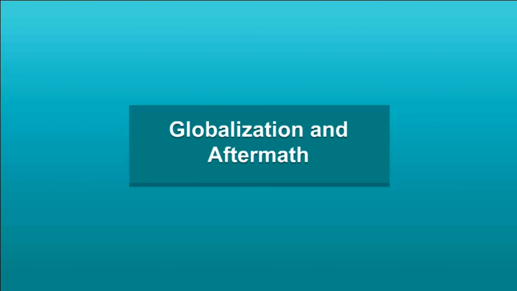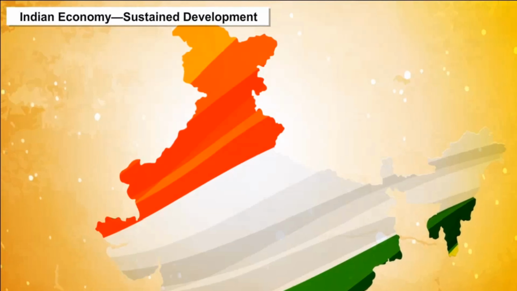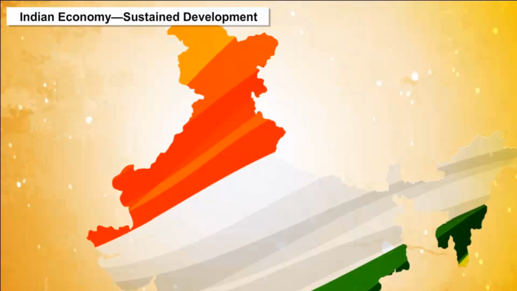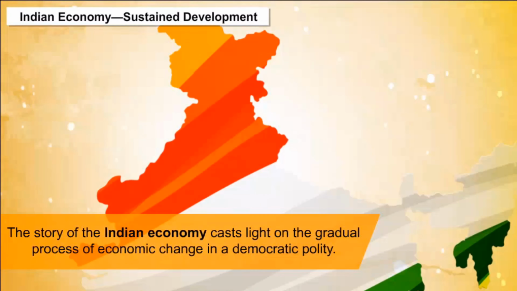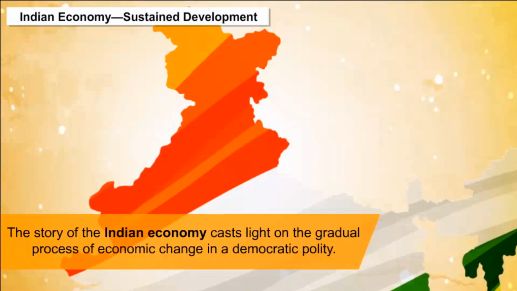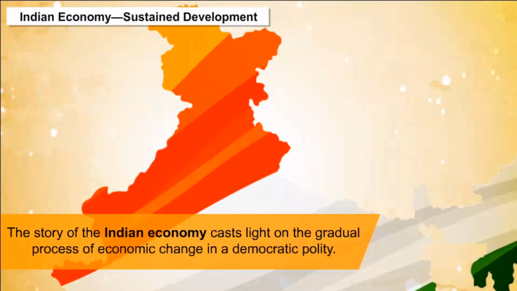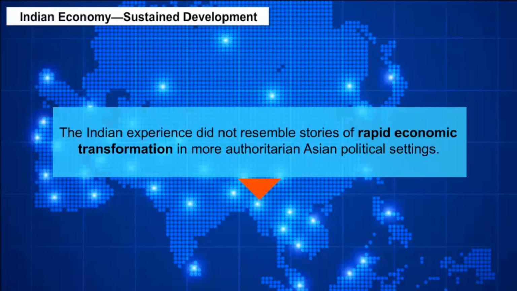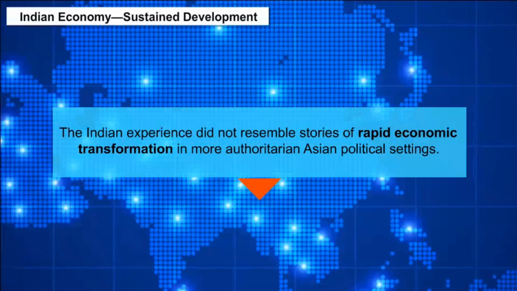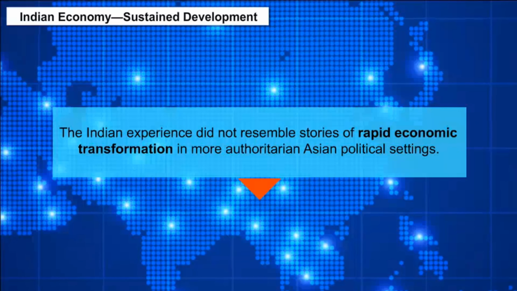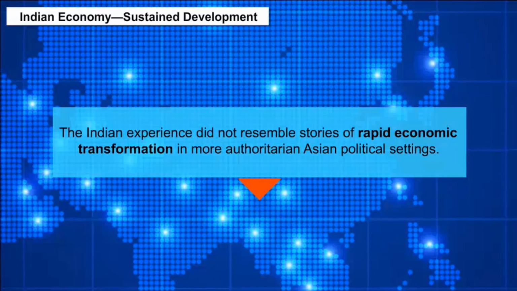Globalization and aftermath. Indian economy sustained development. The story of the Indian economy casts light on the gradual process of economic change in a democratic polity. The Indian experience did not resemble stories of rapid economic transformation in more authoritarian Asian political settings.